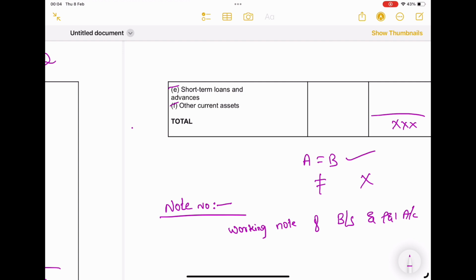So how are we going to start? For us, income statement is the first point, right? We are going to start with the income statement, but here we are going to start note number 1 from the balance sheet. So first one will always be share capital.